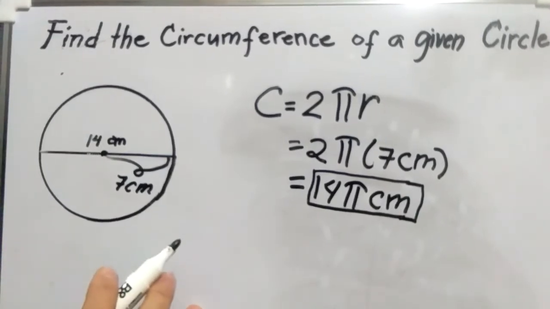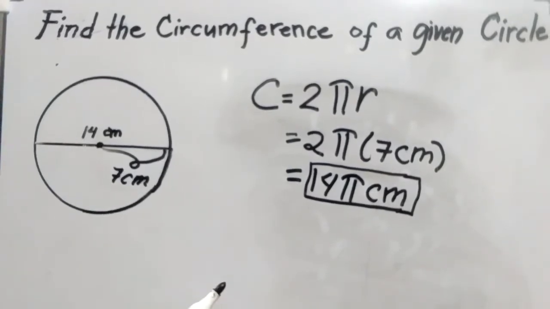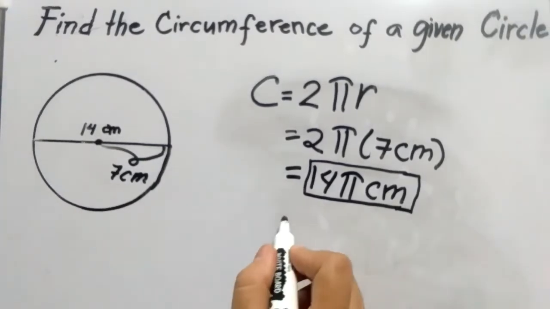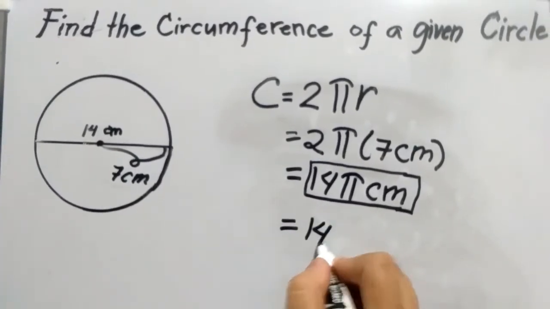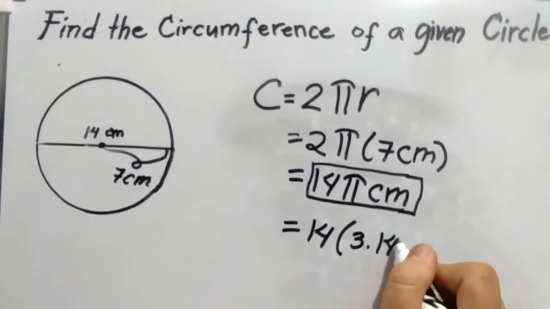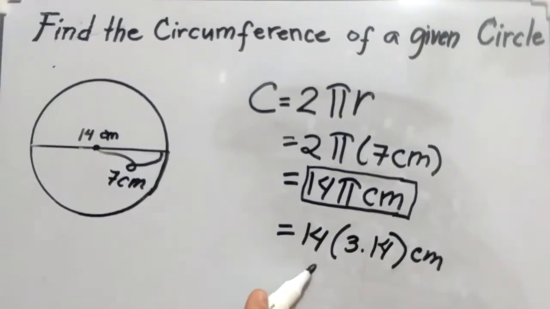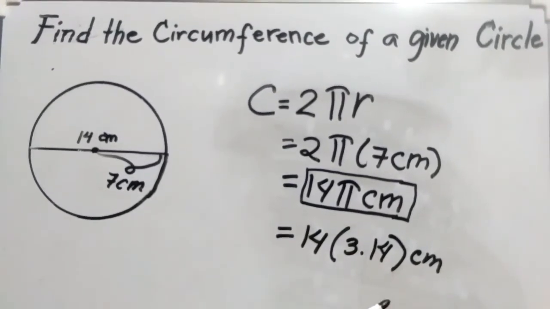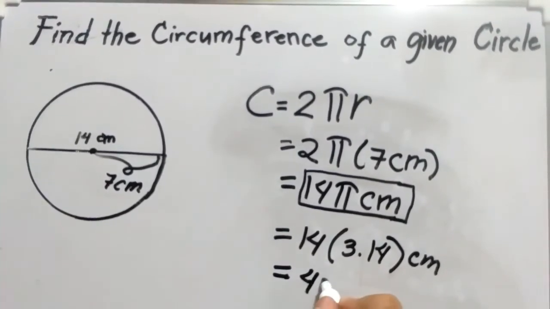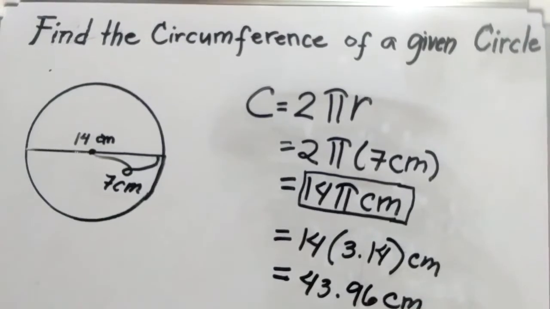Next, remember that pi is approximately equal to 3.14, so we can plug 3.14 in for pi, and we have 14 times 3.14 centimeters, which simplifies: 14 times 3.14 is equal to 43.96 centimeters.